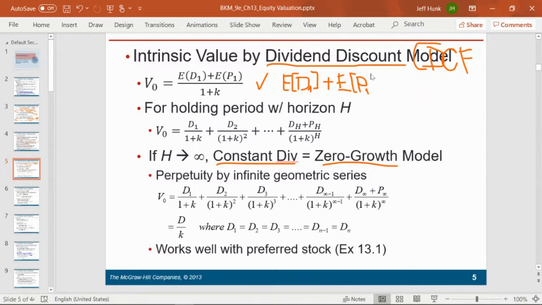Or actually, I would like to change the notation.